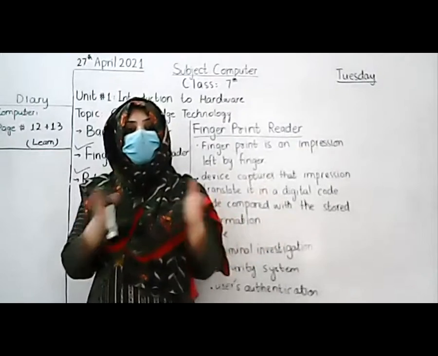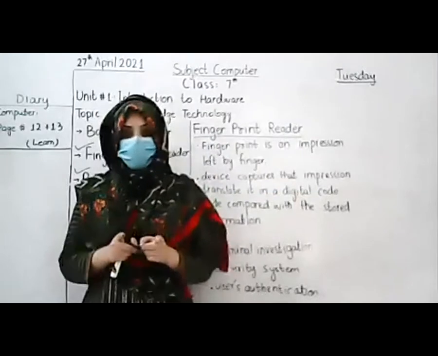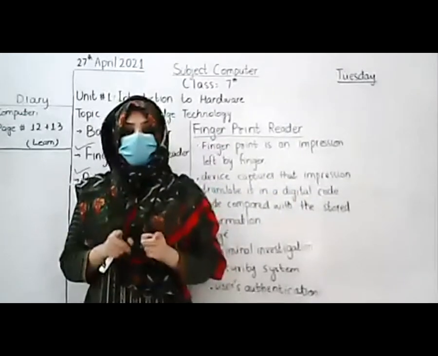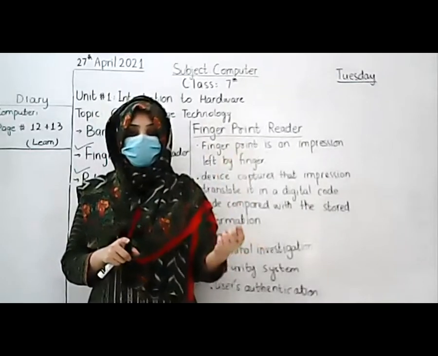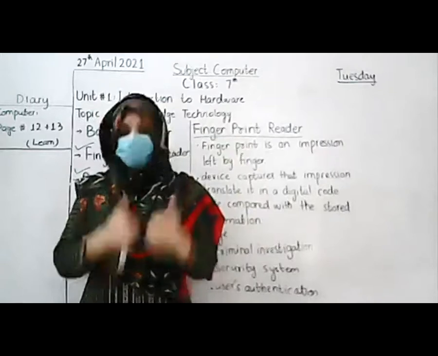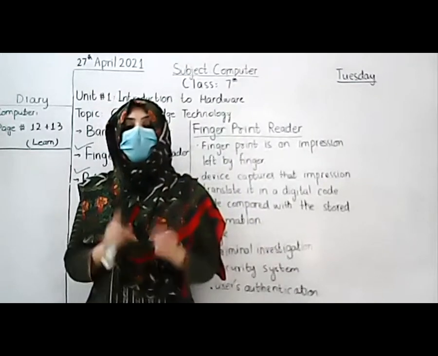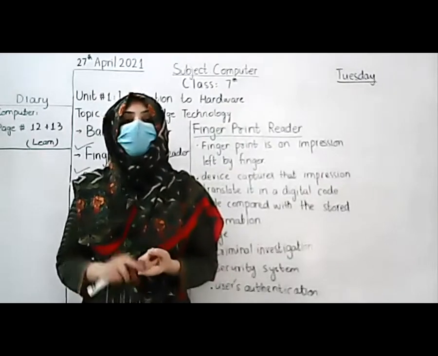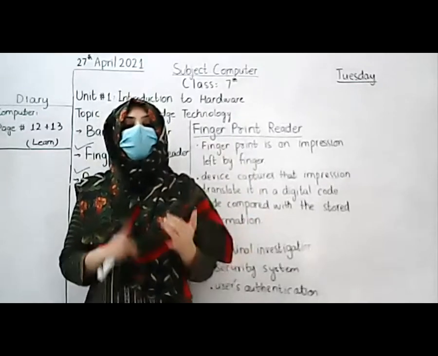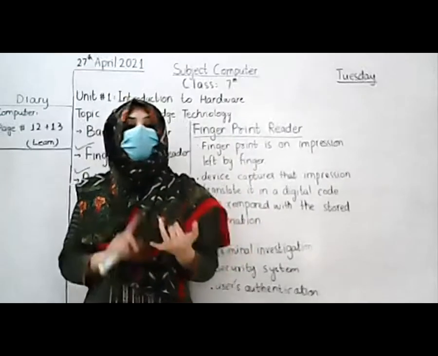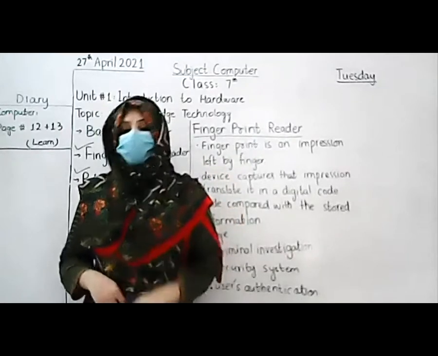It will compare it with the stored information, meaning the impression stored by the user earlier in the phone. If it matches, it will allow you to log into the computer or mobile phone. If it is not matched, it will not allow you to use the computer or any mobile phone. Right?